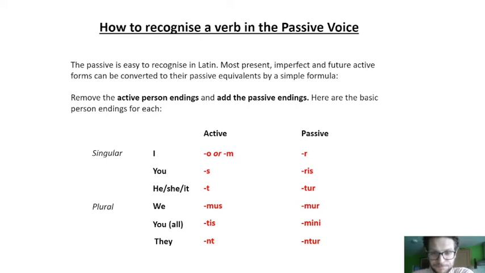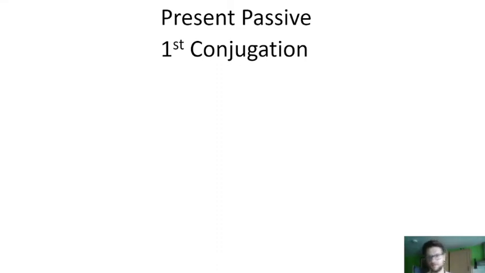Note the vowel in front of these passive person endings is usually the same as the active. So in the first conjugation it'd be A, second E, and so on and so forth. Okay, so the present passive, first conjugation. We're only going to look at the present passive today, but in due course we will visit the imperfect as well.